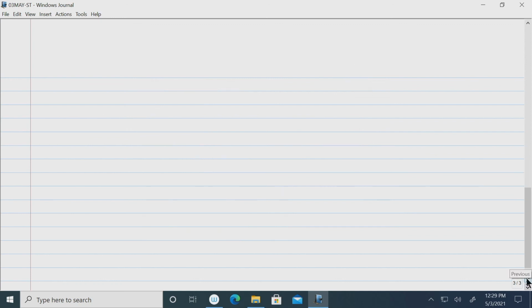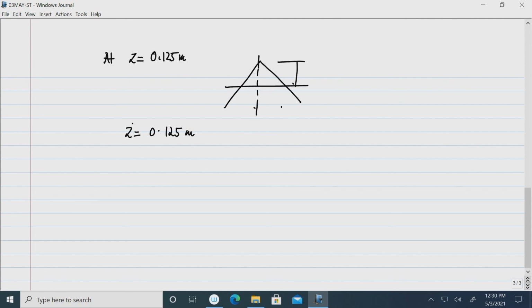So, let us say at z equal to 0.125 meter, just a little away from the apex, we calculate the value. If I see the shell structure, z is measured from here and it is the central column, the center. Here is the difficulty: at this point we have infinite magnitude of membrane stresses, especially N phi.